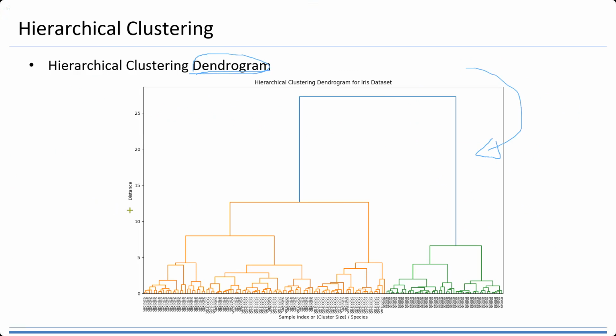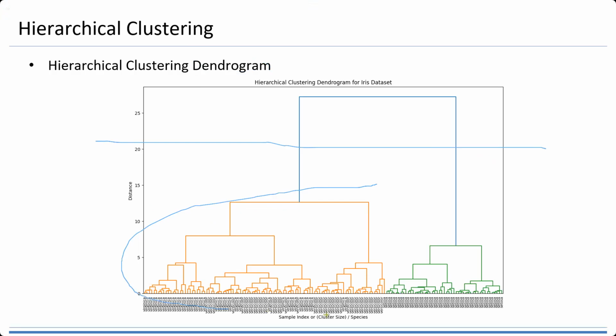So if we cut this one, then we can get 3 clusters: cluster 1, cluster 2, and cluster 3. If we cut from this one, we can get this is cluster 1, this is cluster 2.